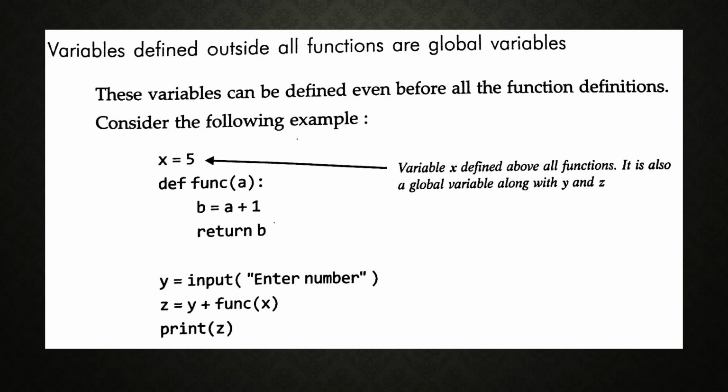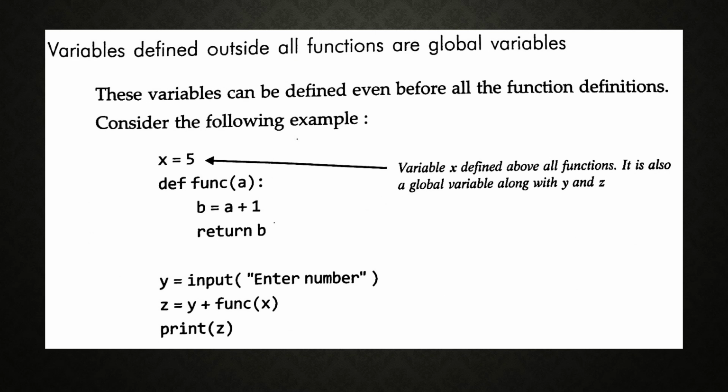Here x = 5. Define function(a): b = a + 1, return b. Just go through this one. So what do you mean by a? See, y = input, enter number. For example, y = 2. So what happens is y = 2, z = 2 + function(x).